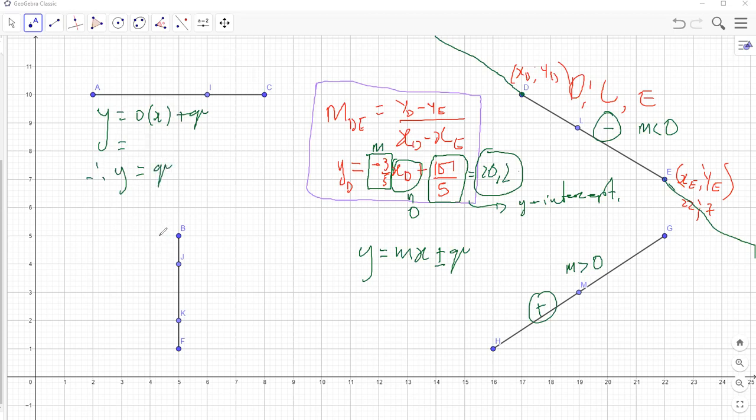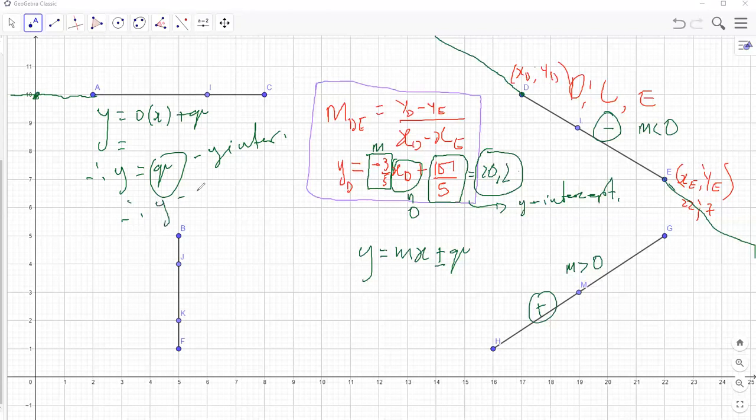That's it. What is q? I said q is the y-intercept. In other words, you look at this line and see where it intercepts the y-axis. There it is, 10. So therefore, the equation of this line is y equals 10. That's it. Nothing to be stressed about.